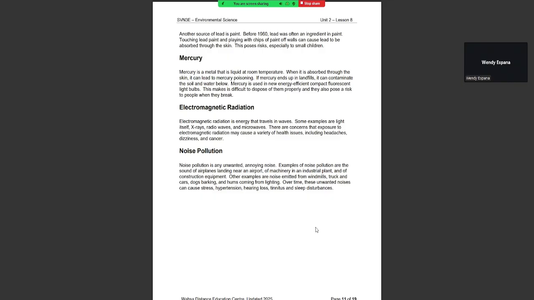The next one listed is mercury. It's also absorbed through the skin and can lead to mercury poisoning. It can be toxic. If it's in a landfill, it can cause the soil and the water to become toxic, and anything trying to grow there will absorb the mercury and be affected, if not just die. Any animals that are eating those plants then are affected as well and taking in the mercury.